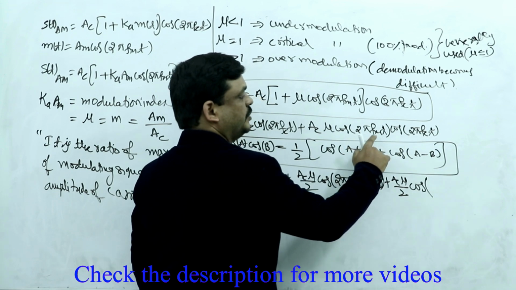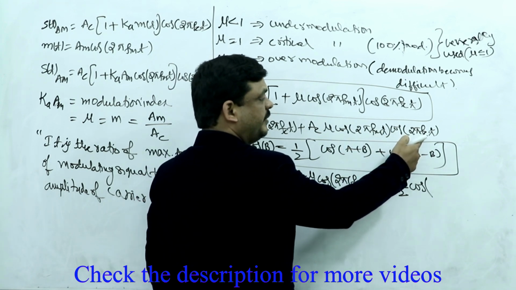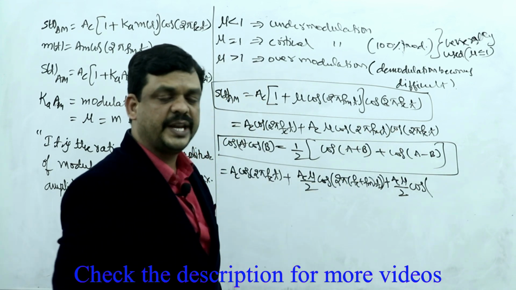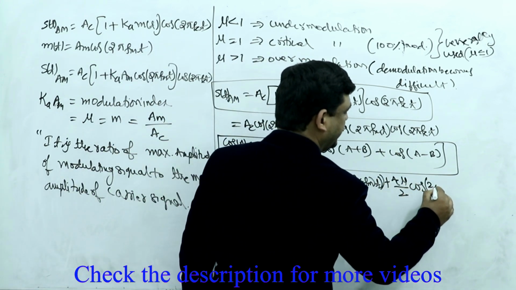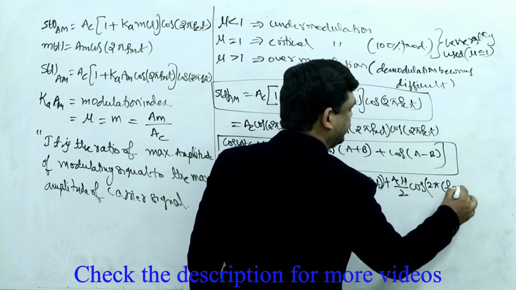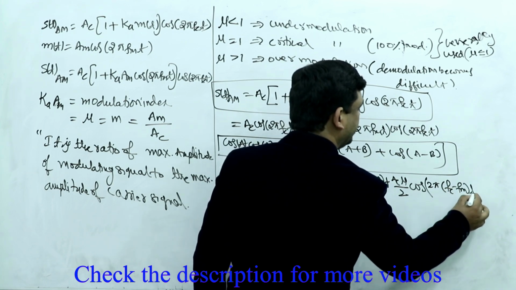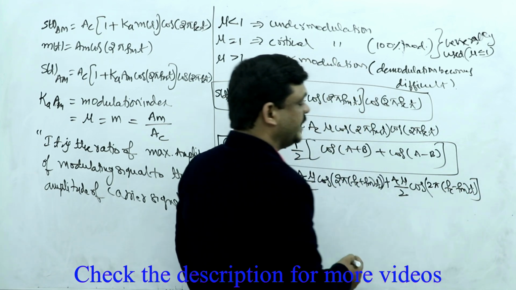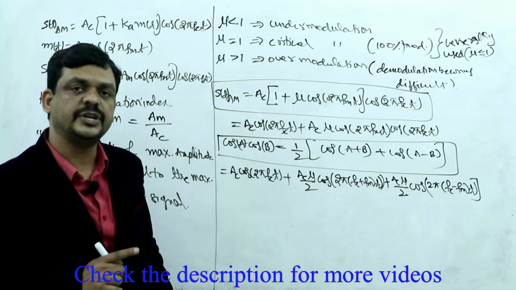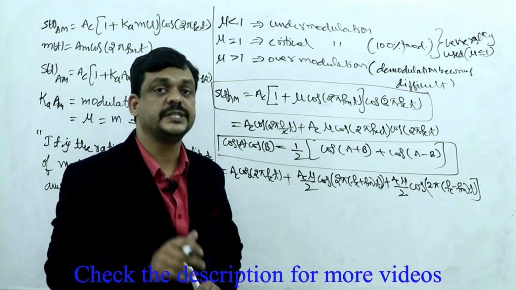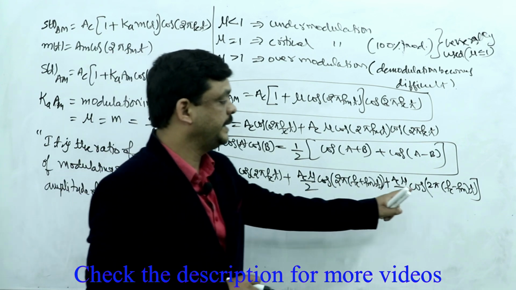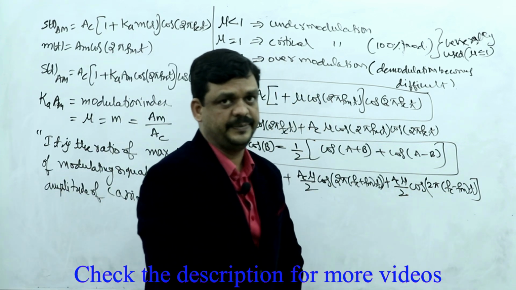A minus B I am taking this way first, because cos of minus theta is cos theta, so it does not affect. That's why I am writing 2π(fc minus fm)t. Because fc, the carrier frequency, is always high frequency, and fm, the modulating signal frequency, is low frequency. That's why I wrote fc minus fm.